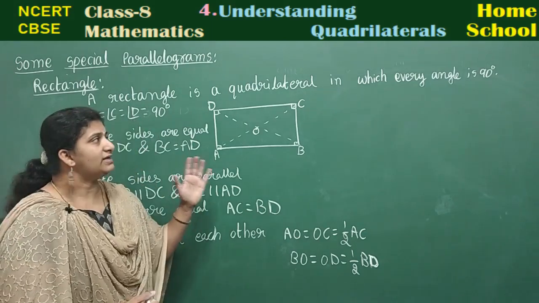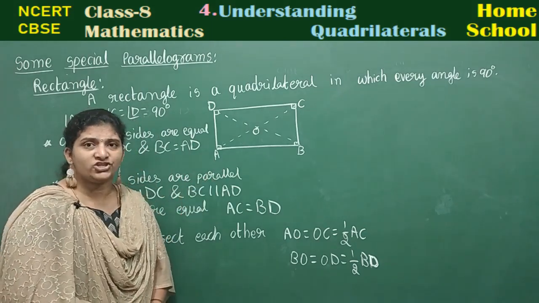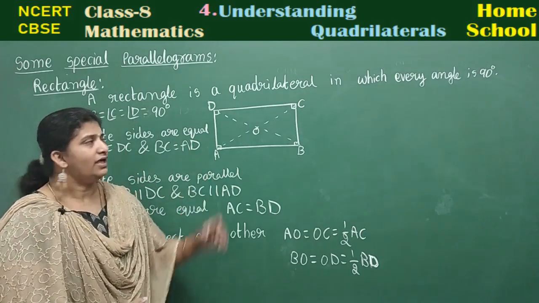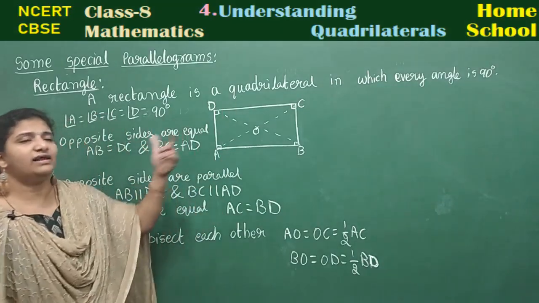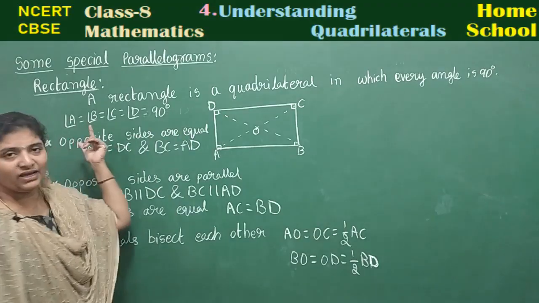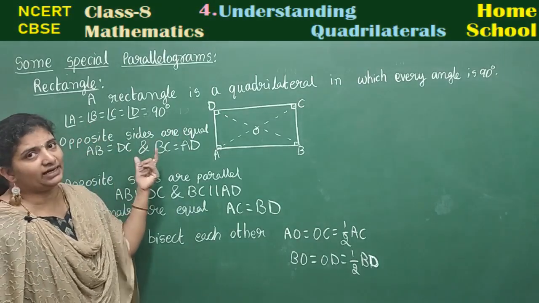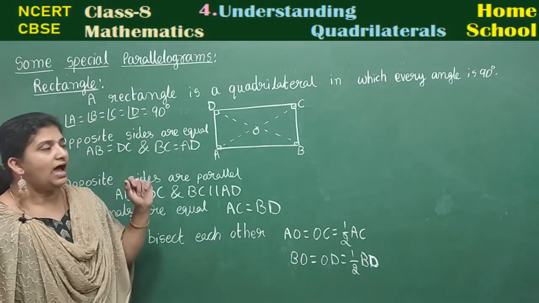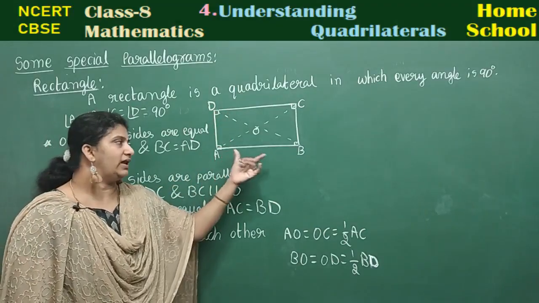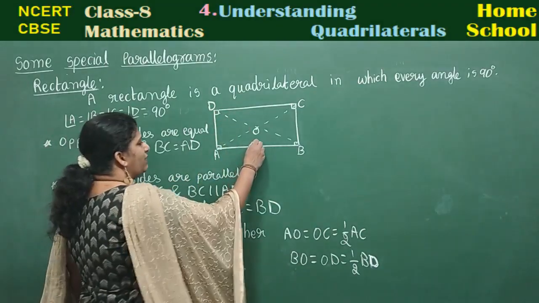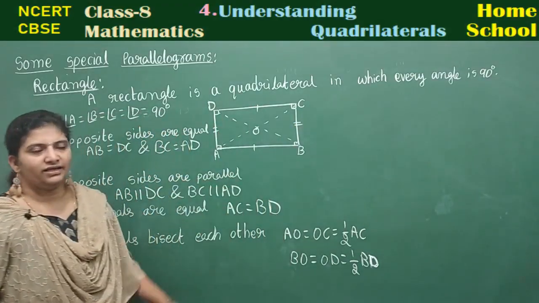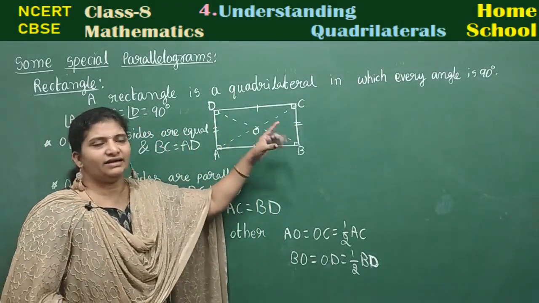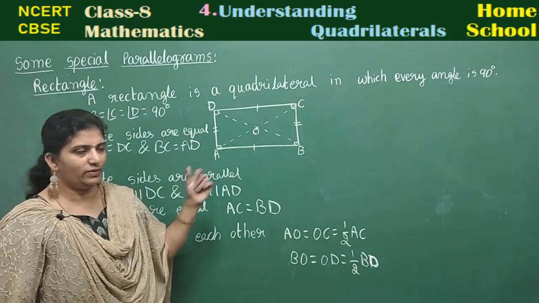A rectangle is a quadrilateral in which every angle is 90 degrees and their opposite sides are equal. When every angle is 90 degrees, angle A equal to angle B equal to angle C equal to angle D equal to 90 degrees. And their opposite sides are equal: AB equal to DC and BC equal to AD. This symbol indicates that the two sides are equal.